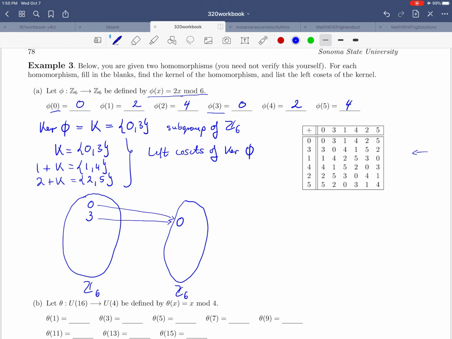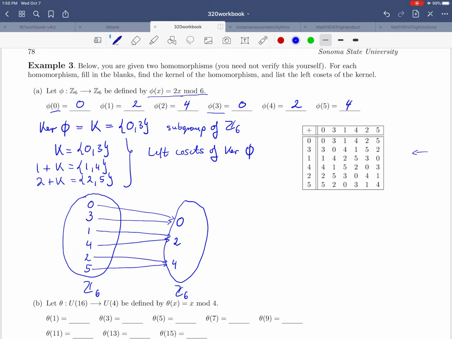And then notice that our second coset, 1 and 4, also map to the same element. They map to 2. And then our last coset, 2 and 5, those two elements also map to the same element. They both map to 4.